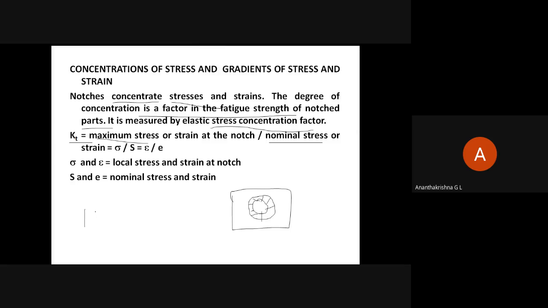That is, K is equal to sigma max divided by sigma nominal. This is what we learnt in our undergraduation also. So that's the learning about concentration of stress.